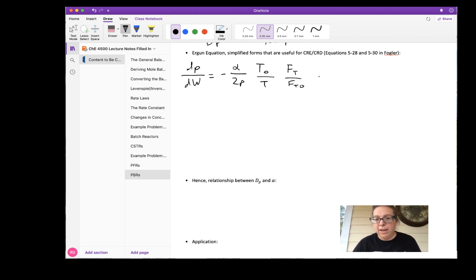Or in terms of x, so this is in terms of flow, F terms, now we can write in terms of x: dp, lowercase p, dW equals minus alpha over 2p, T over T naught, 1 plus epsilon x.